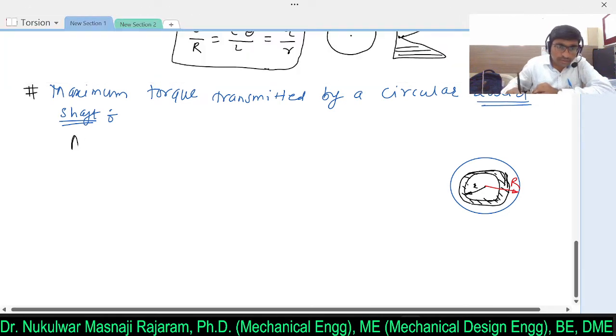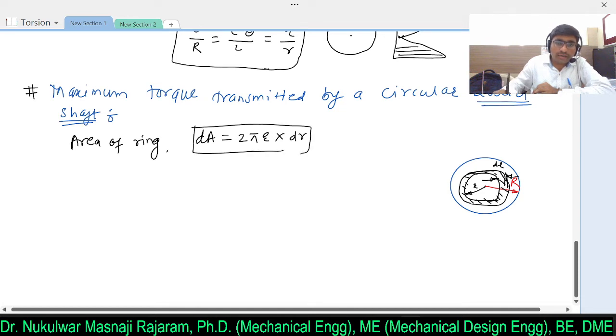Let's calculate the area of a ring. Now I will consider that as dA. It will be, at the inner side if you measure, the perimeter 2 pi r, and if I multiply by the thickness, now here I am considering thickness as dr, then I will get the area of this particular ring.